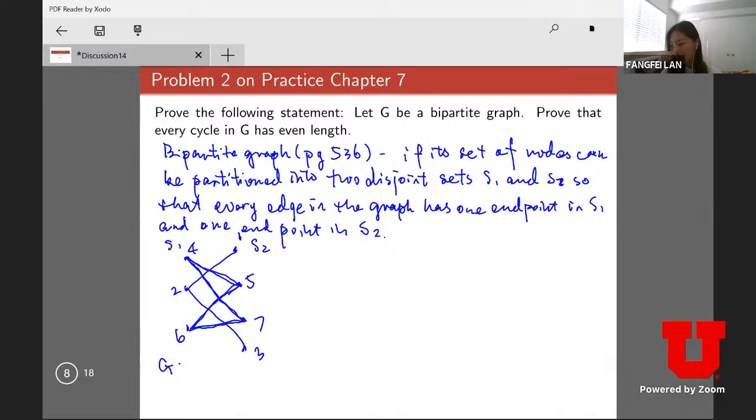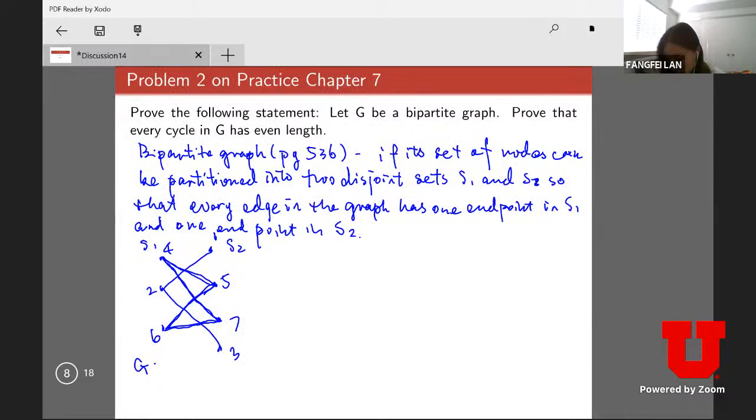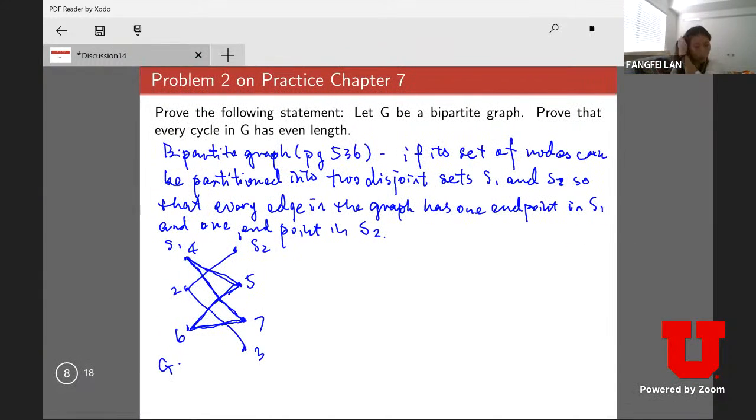So how do we prove this? I think this one's a little tricky, but it's not super difficult. I think it would make sense when we do this. So let's start with, suppose G is bipartite.